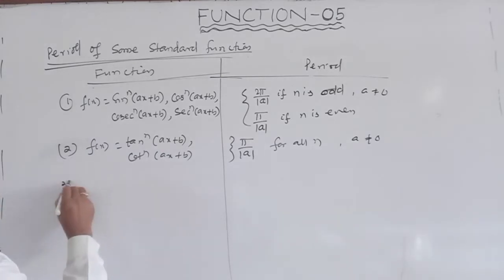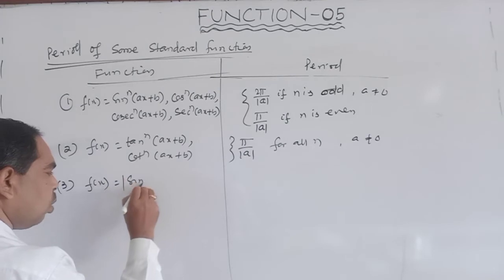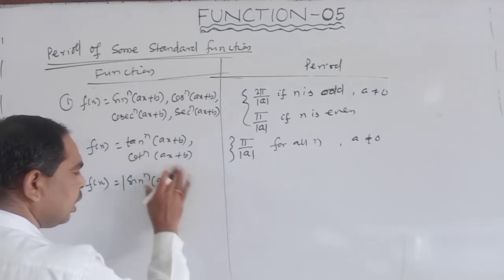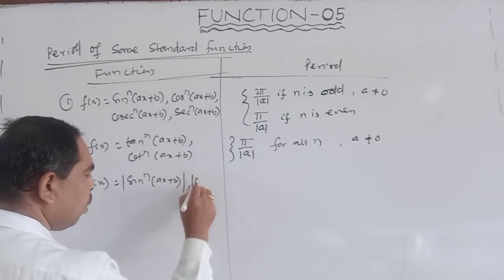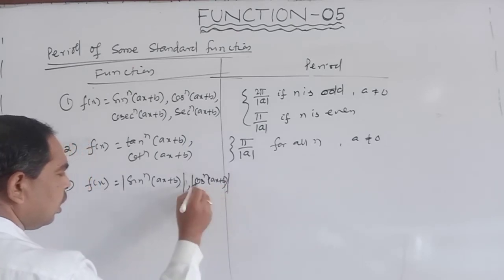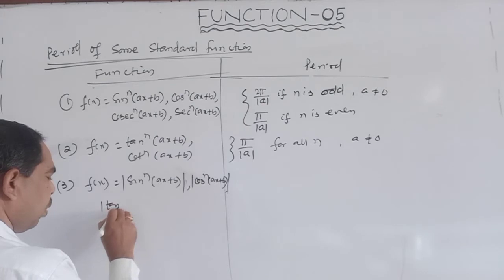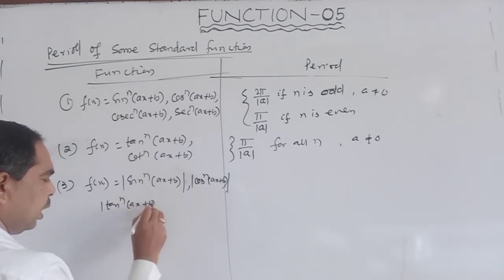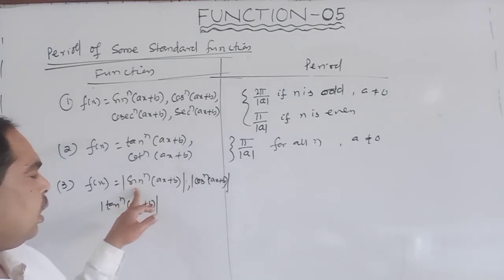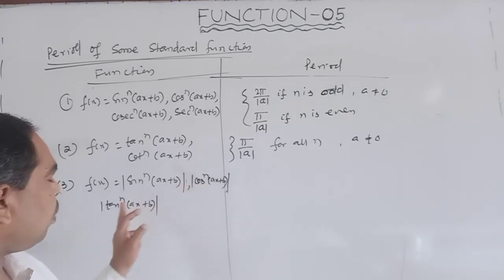Next, 3: f of x is equal to mod of sin to power n of (ax plus b), comma mod of cos to power n of (ax plus b), mod of tan to power n of (ax plus b), and their opposites, meaning the opposite of sin is cosec, the opposite of cos is sec, and the opposite of tan is cot.